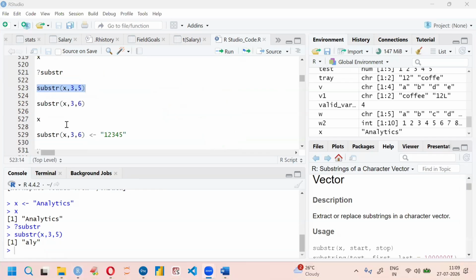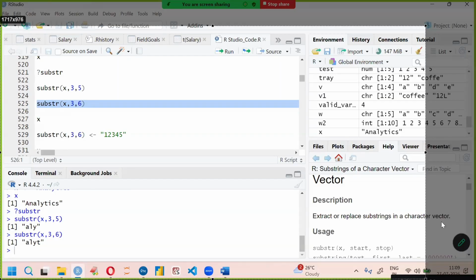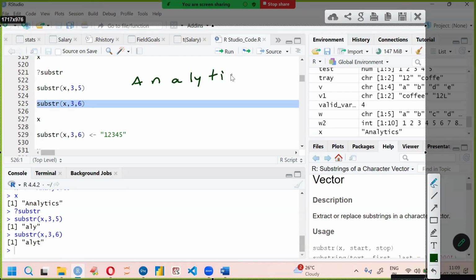And substring x comma 3 comma 6, we will get ALYT. We are getting ALYT because if you observe, we have analytics, A L Y T I C S, and the index is 1, 2, 3, 4, 5, 6, 7, 8, 9.